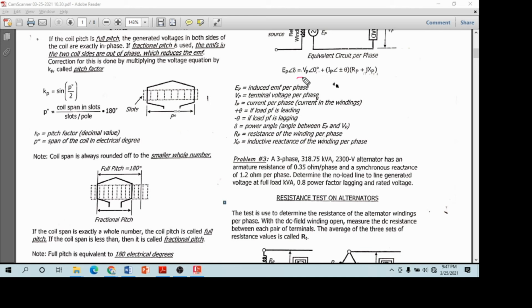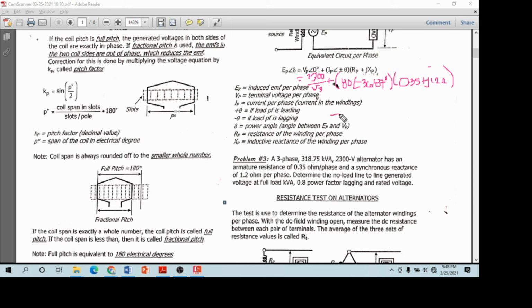So, proceed. Meaning to say, VP is equal to 2,300 divided by square root of 3, plus IP is equal to 80 at an angle of negative 36.87 degrees, times RP, which is 0.35, plus j1.2 ohms.